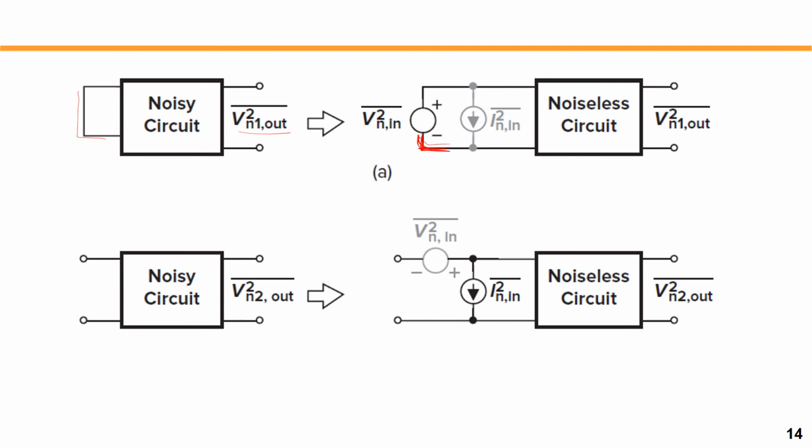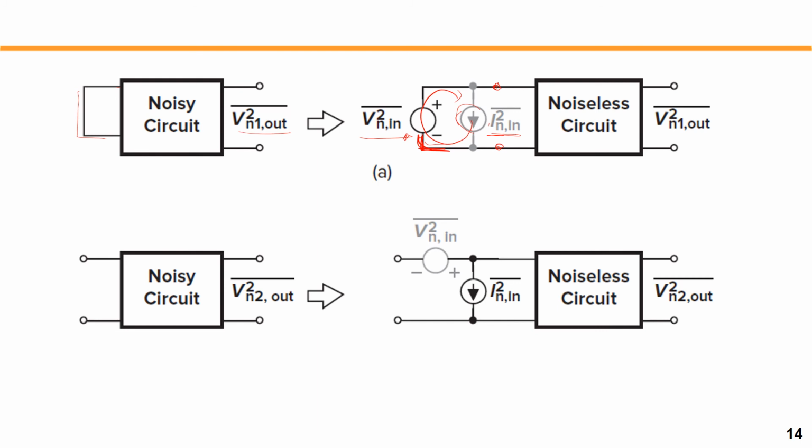Then the noise current will circulate through this noise voltage, because this noise voltage has zero impedance. This noise current doesn't do anything and doesn't affect the voltage at the input. Only the noise voltage source will affect the noise voltage, by KVL and KCL.